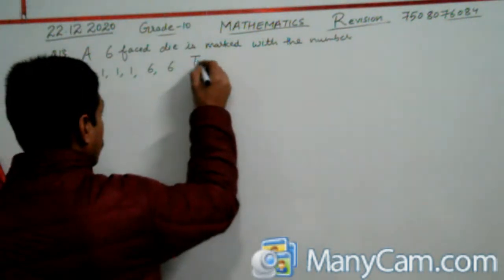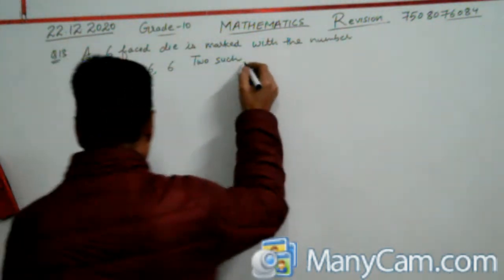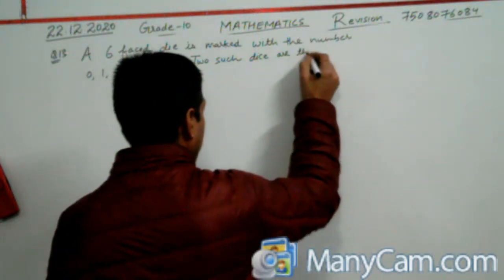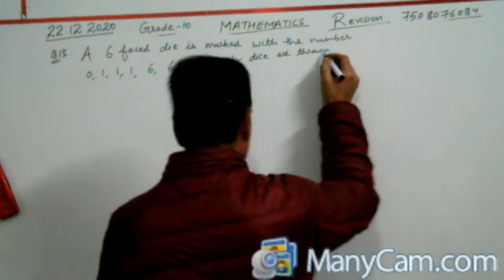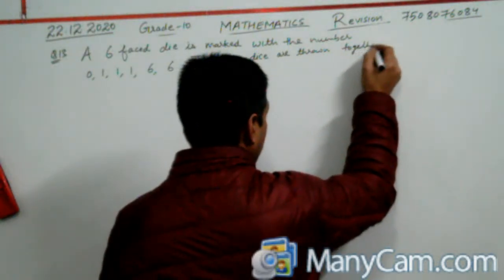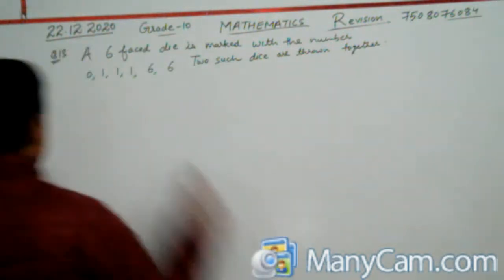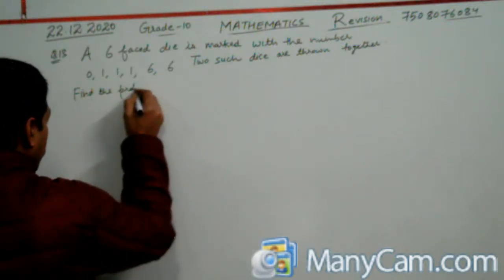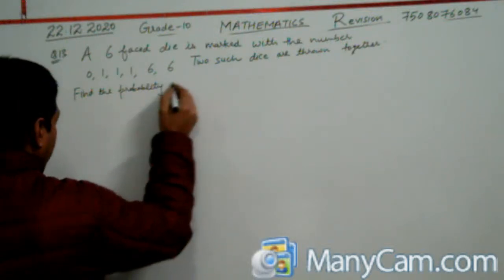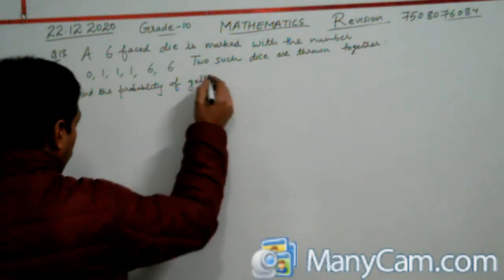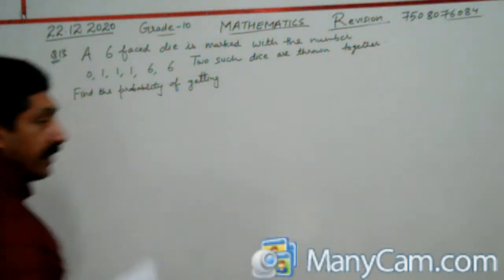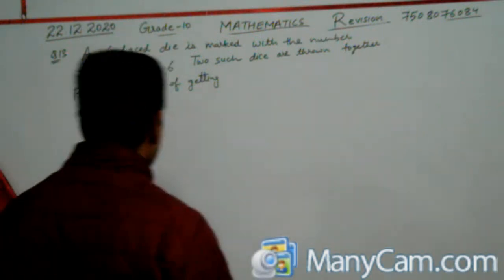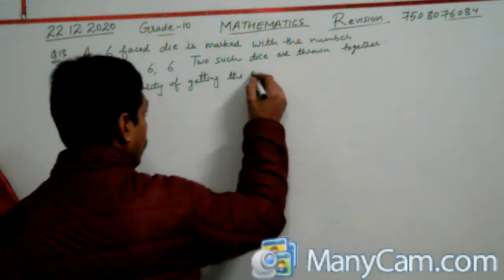Two such dice are thrown together. Find the probability of getting the sum of 7.